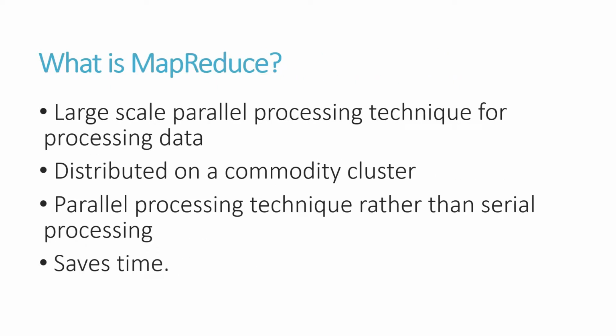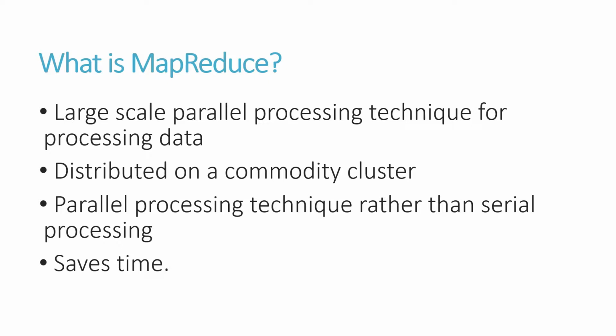So what exactly is MapReduce? Well, MapReduce is a parallel processing technique for processing data which is distributed on a commodity cluster. Okay, but what is a commodity cluster? Commodity cluster computing involves the use of large numbers of already available computing components for parallel computing.